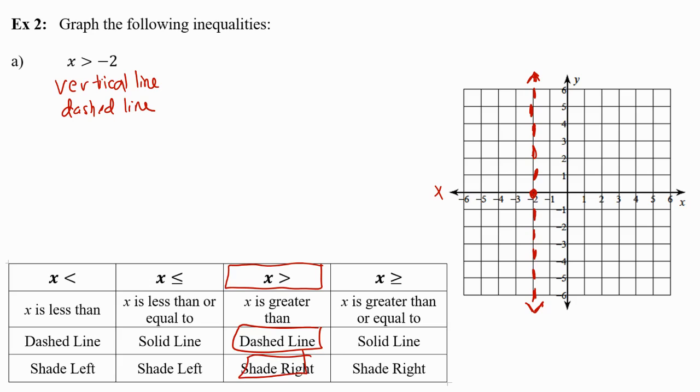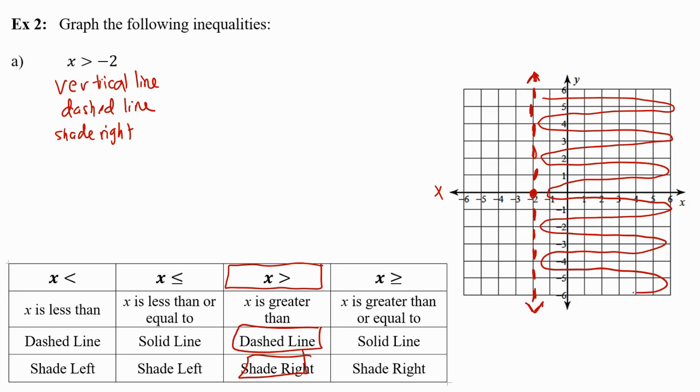According to this, we're going to shade to the right. And that makes sense because it says x is greater than -2. So if you look at the x-axis, we want values greater than -2, -1, 0, all the positive ones, which is going to be everything to the right. Okay, so possible solutions.